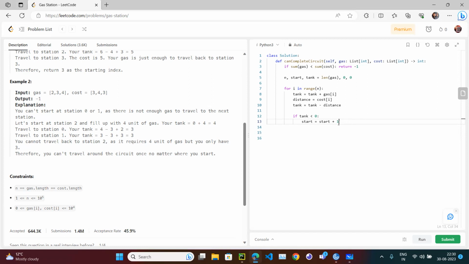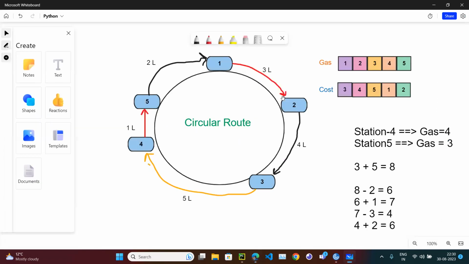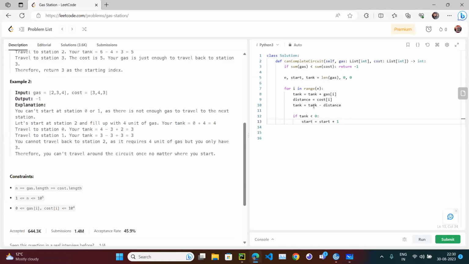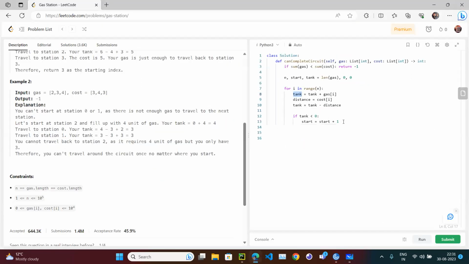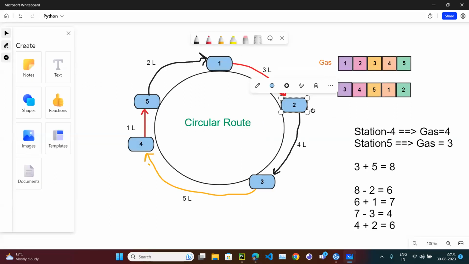If we start from the next value, we know 1 is not the starting point. We already filled our tank and already spent. So now we know 1 is not our starting point, so we know 2 could be our starting point. We are going to start from 2 to check whether 2 is our starting point or not.